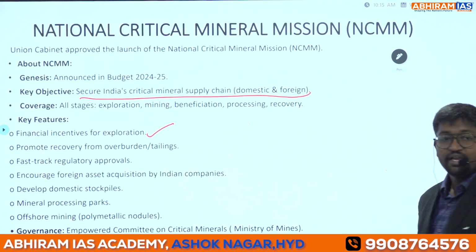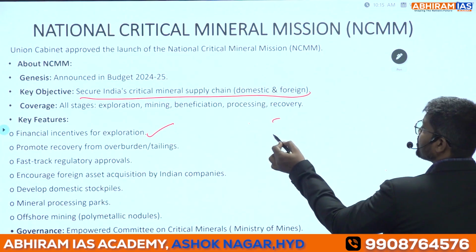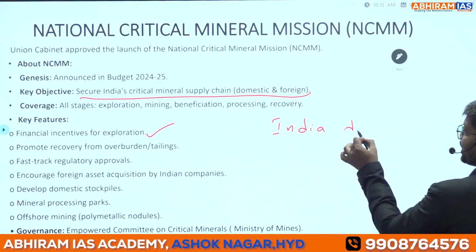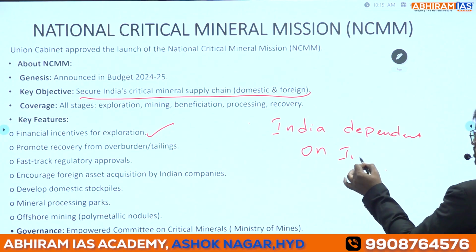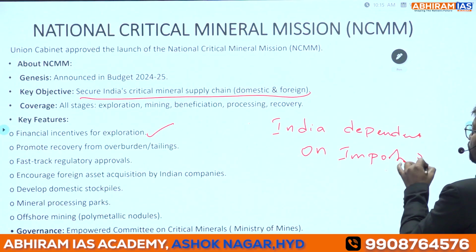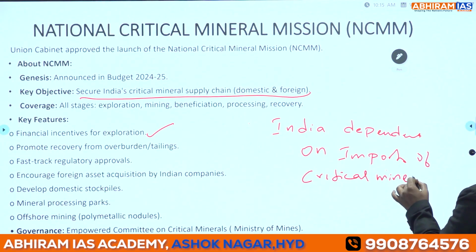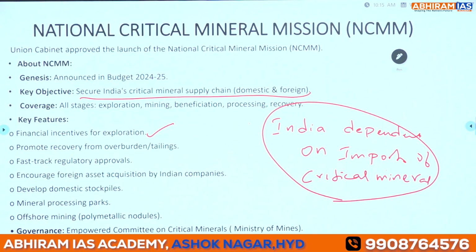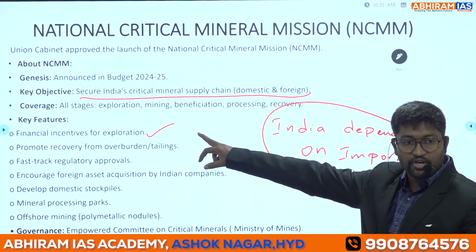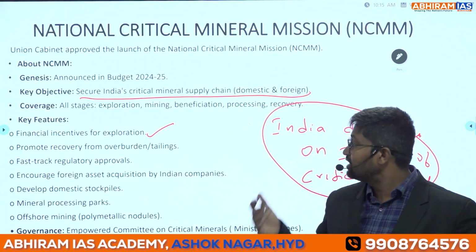So first of all, India is very much dependent on imports of critical minerals. So that is the reason. Now India is a very vast country, so we are trying to explore any potential critical mineral resources in India. So for exploration, we are promoting financial incentives.